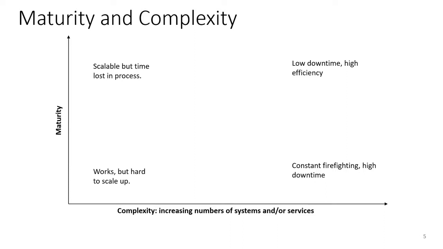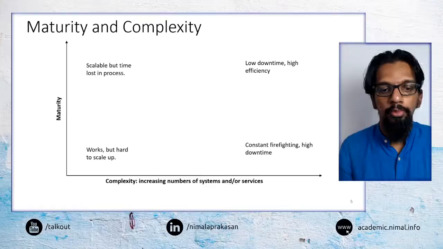So when we think about organizational environment, and when we think about what are the things that are there in terms of the systems and devices and so on, we can identify a relationship between maturity and complexity.